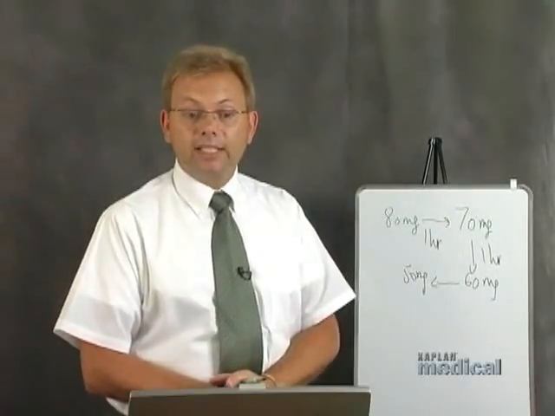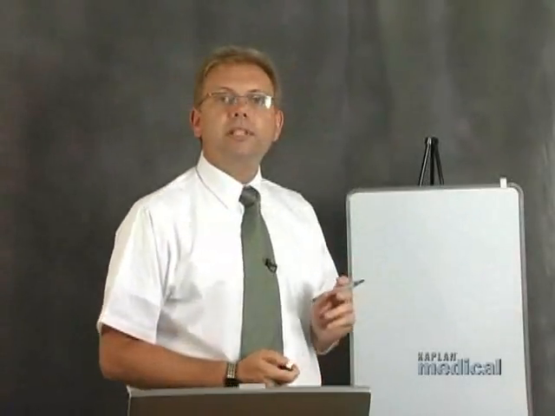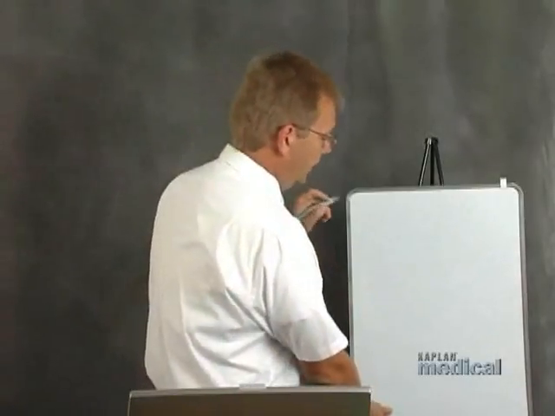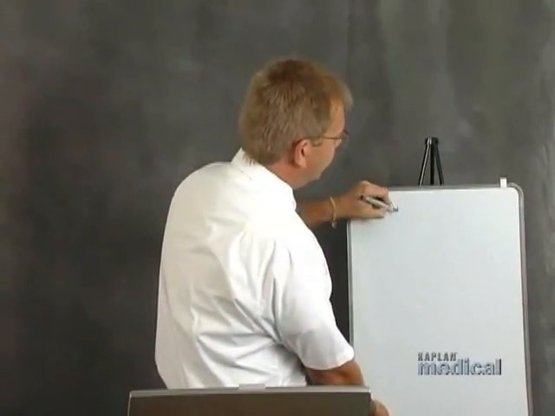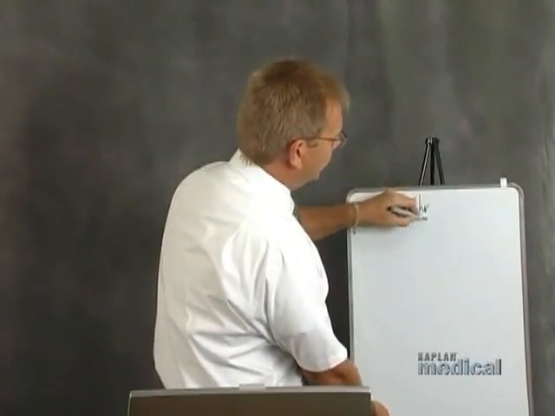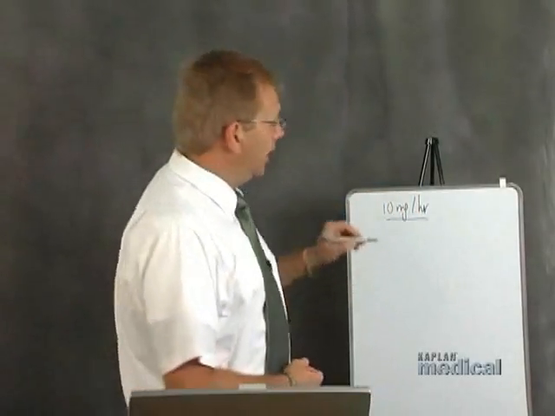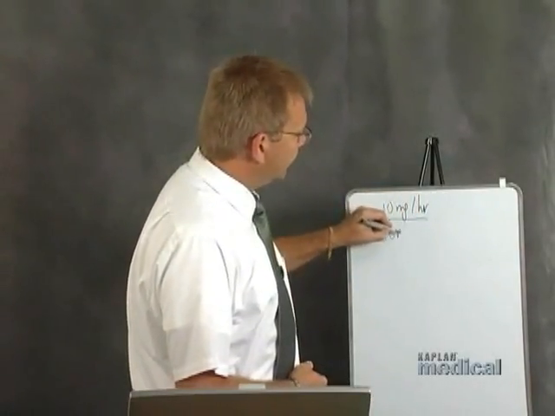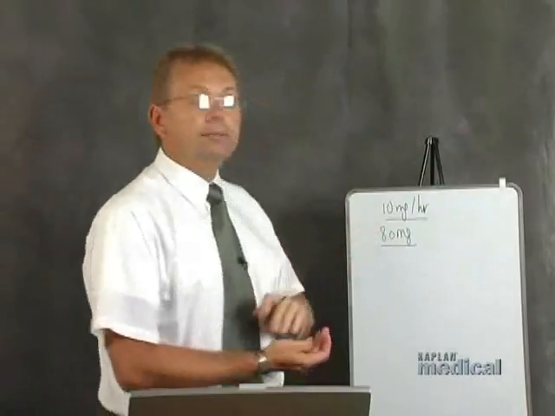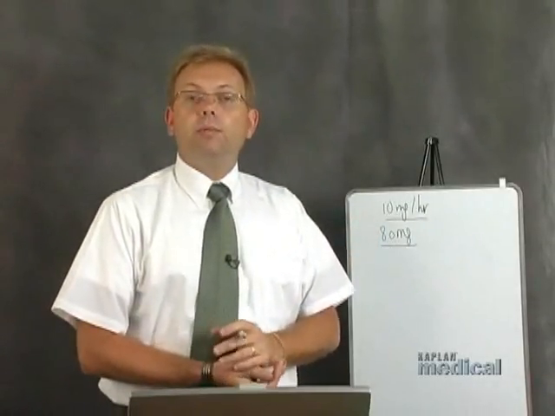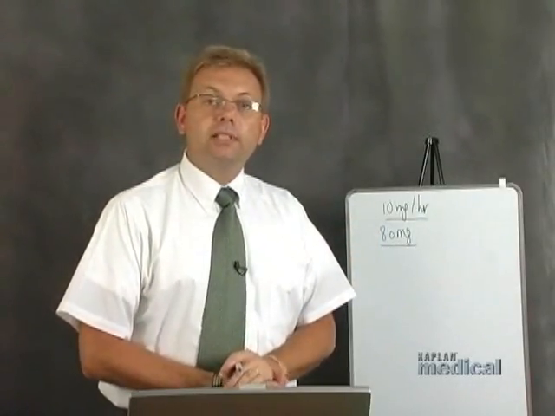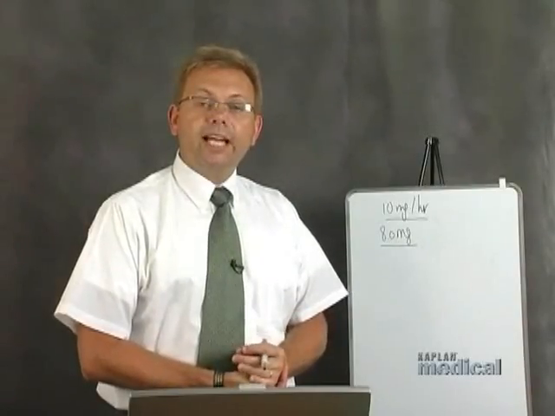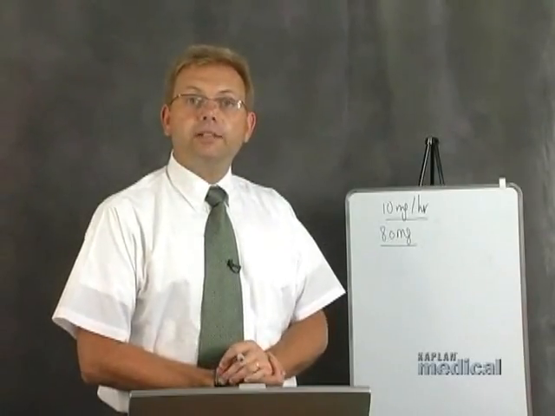That's called zero-order kinetic. If we think in terms of half-life, zero-order kinetic, let's imagine 10 milligrams per hour, constant amount per unit of time. How long would be a half-life if you have 80 milligrams of drug in your body? Well, what was the definition of a half-life? The time it takes for half of the drug to be eliminated from the body.